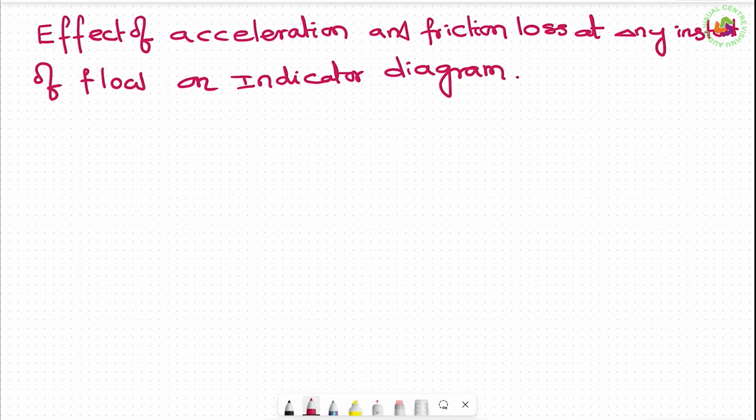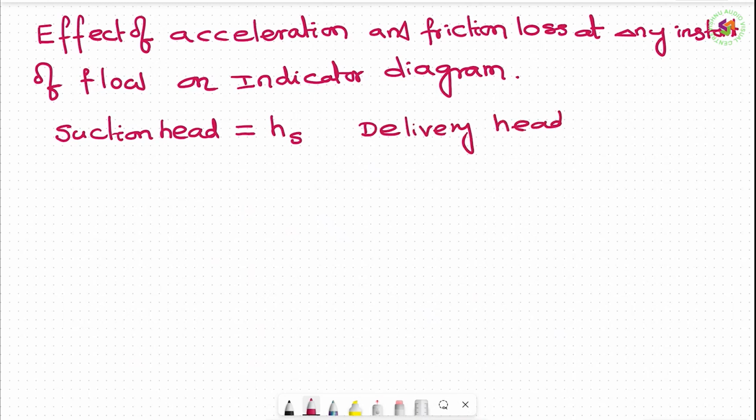First, suction head is equal to HS. Delivery head is equal to HD.